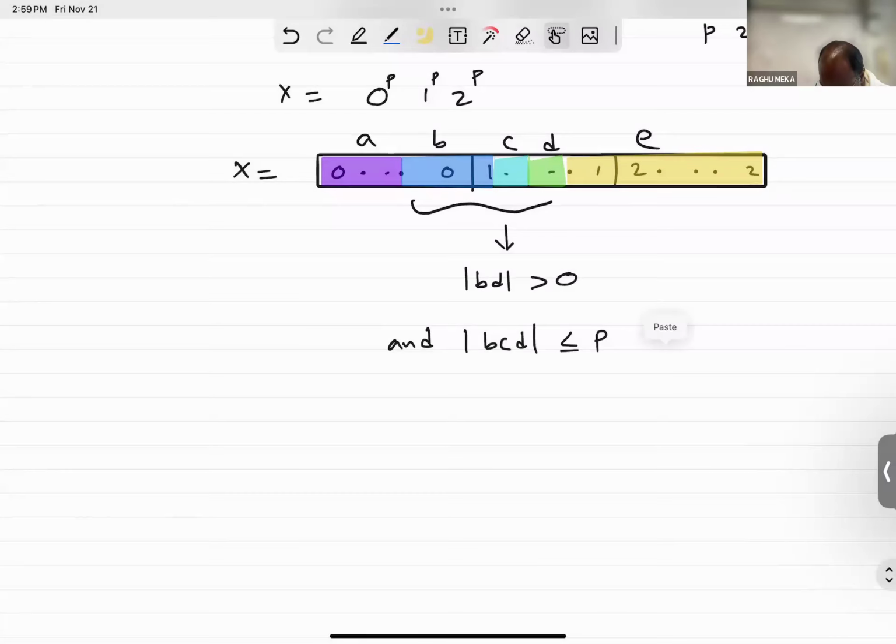These are the two conditions that we know. Now we have to do some case analysis. Can you tell me some easy cases? How do I rule out all ways of splitting things? Any suggestions?